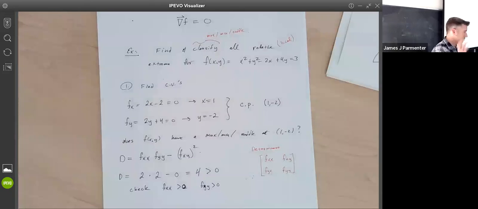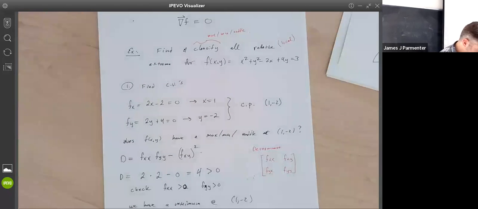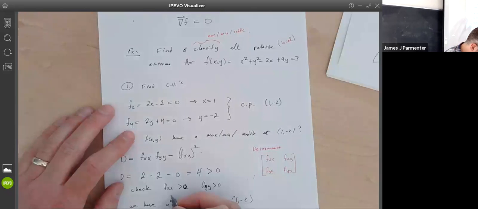So now I'm going to ask you, just like before, if the second derivative is positive, that means the function is concave up, which means we have a max or a min, definitely a minimum. So we have a minimum at the point (1, -2). I should really say we have a local minimum.